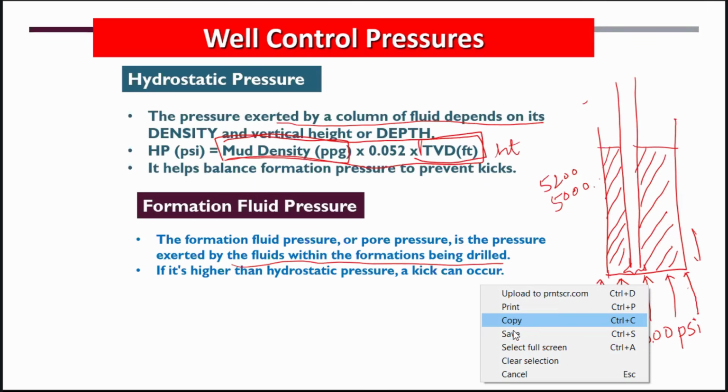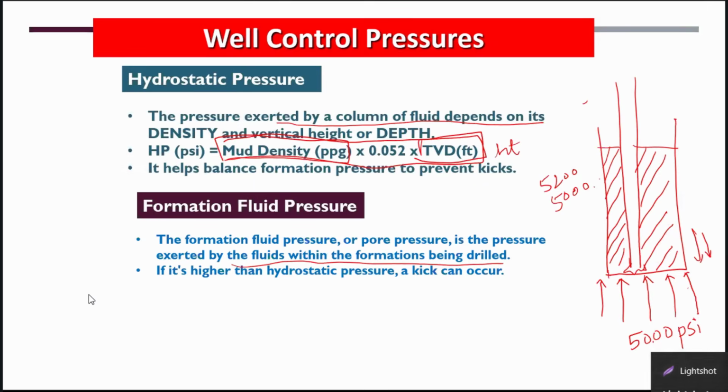If it is less than 5000, what will happen? If this mud column is less than 5000, suppose 4800, then the formation fluid will be able to penetrate into the well, and you will get a kick. This is called a kick.